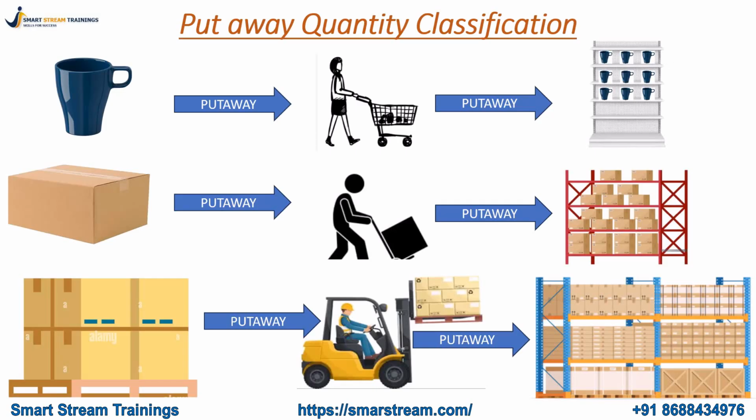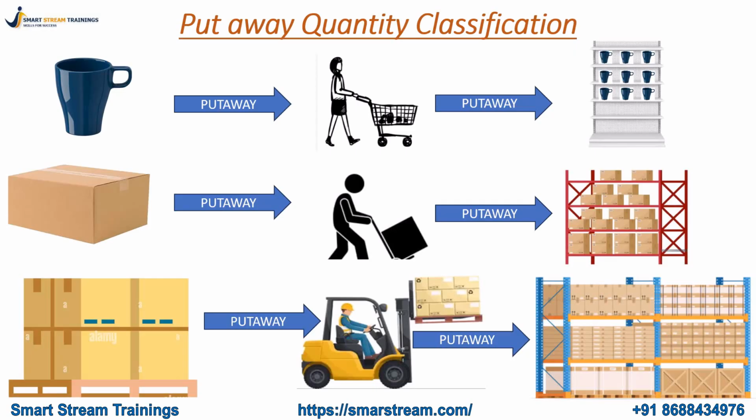That's why, to lift the pallets and place them into the storage types, there is this kind of vehicle called a forklift. Forklifts are used to store the products and move the pallets in the warehouse. There is a specific storage type where we can store these pallets, and automatically, when we receive the product in the quantity classification of pallets, the system will propose the destination storage type where we can store the pallets.